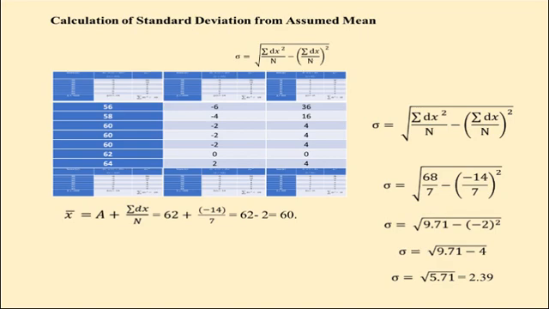In the next column, we have to calculate the difference between x and a and then square it. For example, 56 minus 62 is minus 6 and the square of minus 6 is 36. Similarly, 58 minus 62 is minus 4 and the square of it is 16.